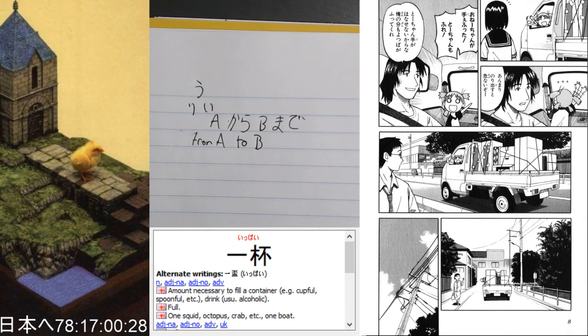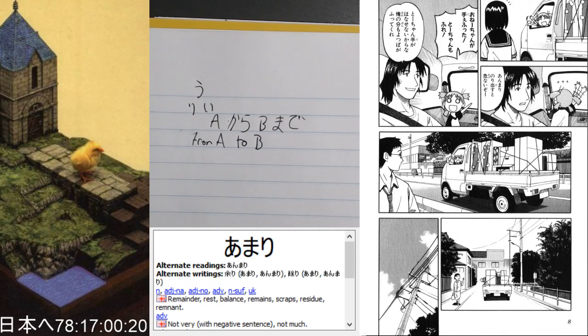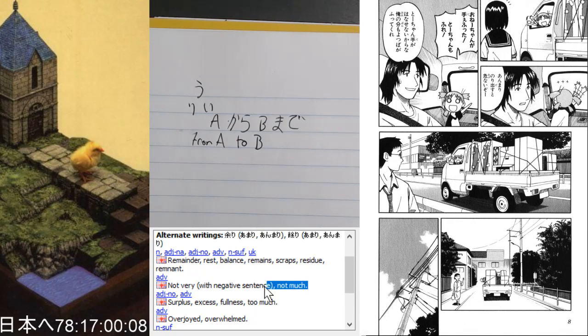I'm just trying to figure out how to parse the sentence. So, anmari no ridasuto? I believe it's this here. Anmari. Okay. Because it's coming immediately in front of a verb, noridasu, I believe it's not much.